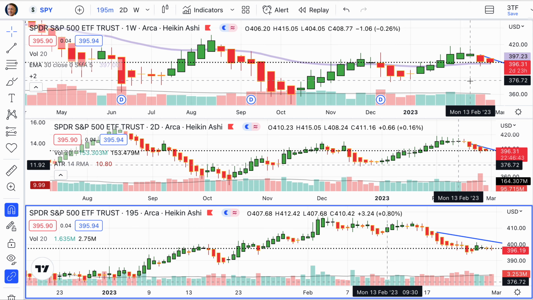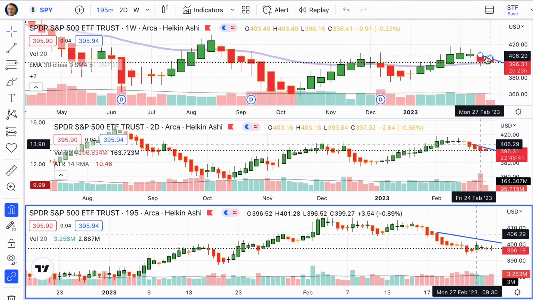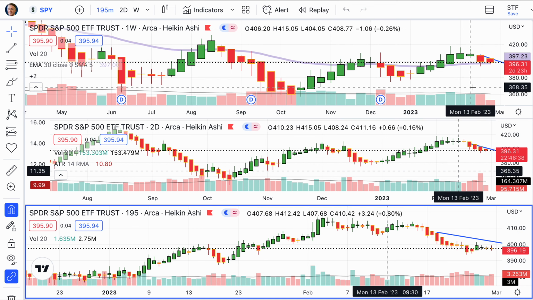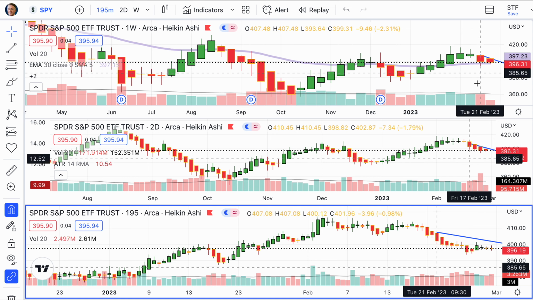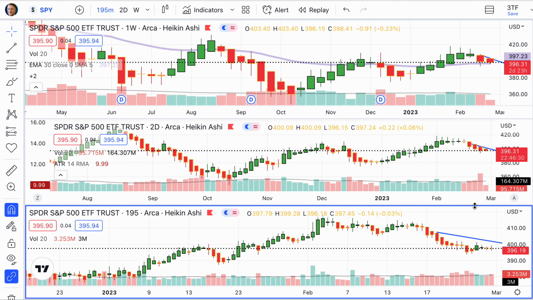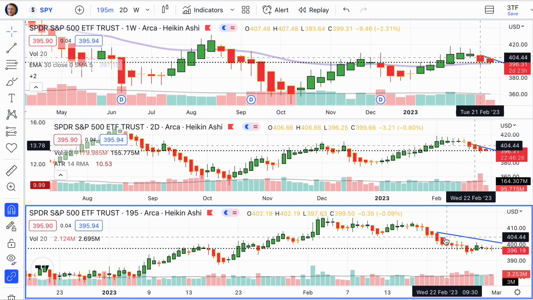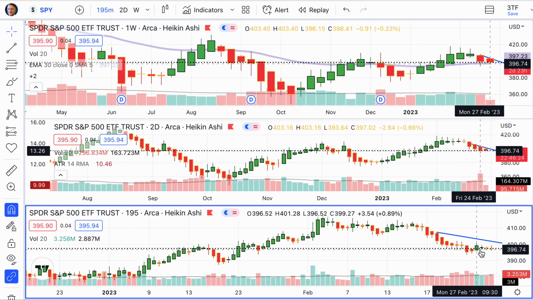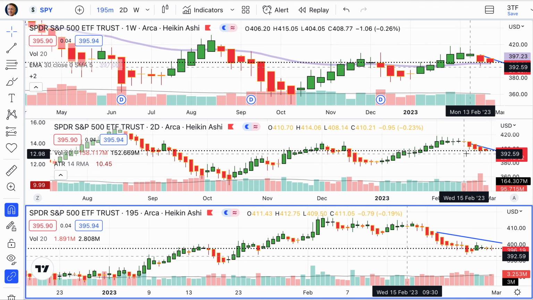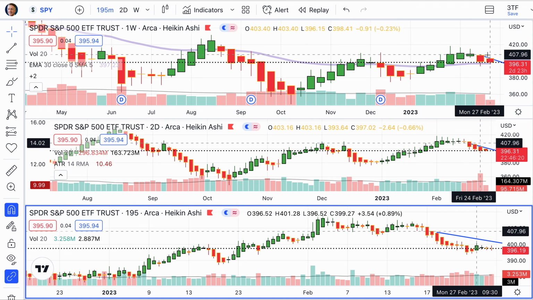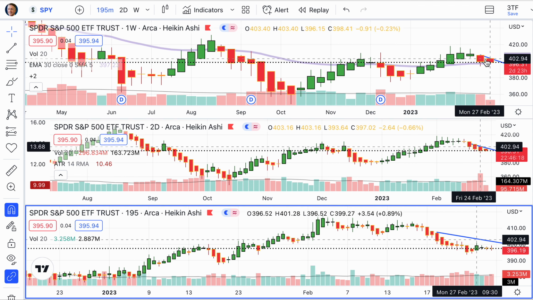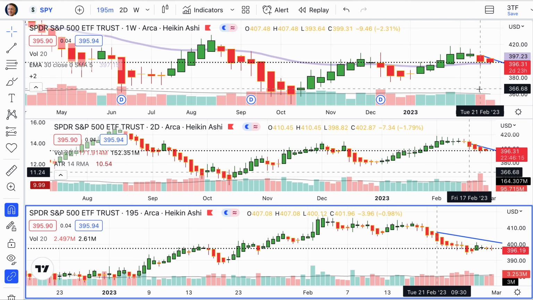Let's start off first focusing on the trend line. We love trend lines, and what's so beautiful about trend lines when you use them on the weekly, and you can see how they play out on the 2-day and the half-day or 195-minute chart, you get to see how the movement is performing on the smaller charts because we're just charting the movement as far as the trend goes on the weekly.